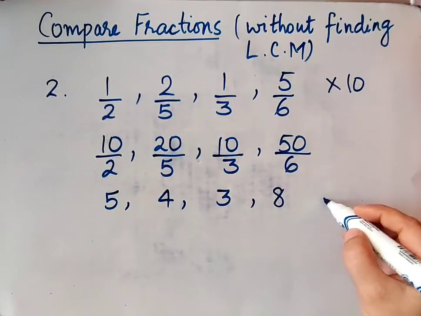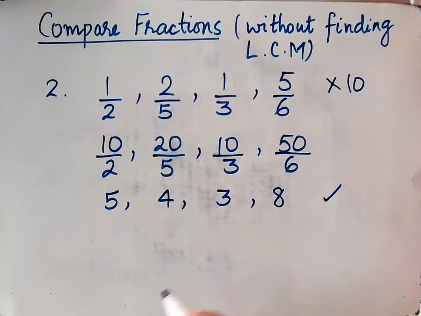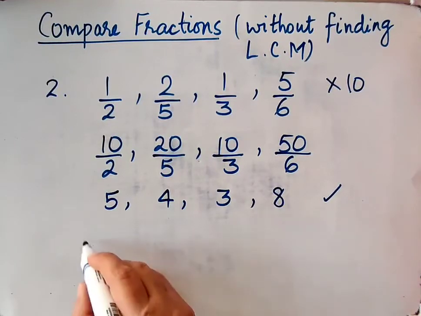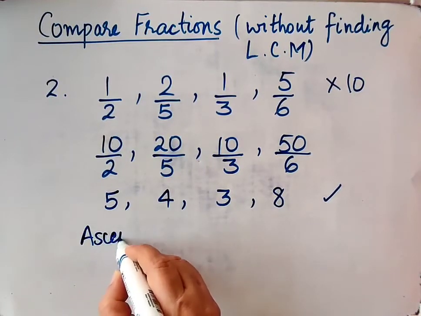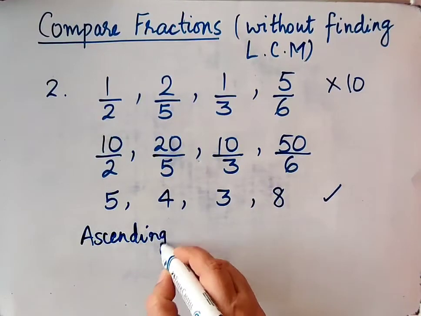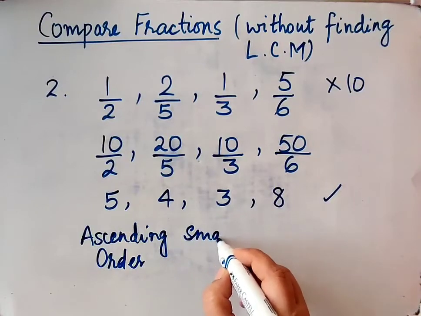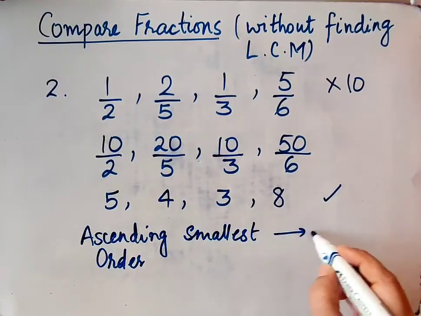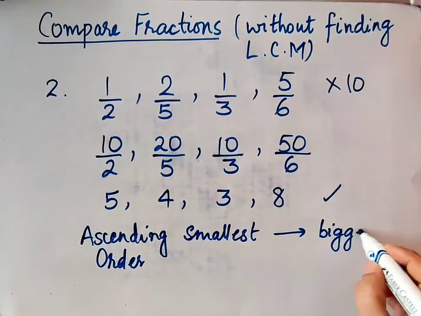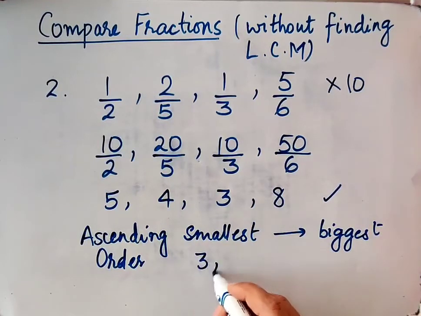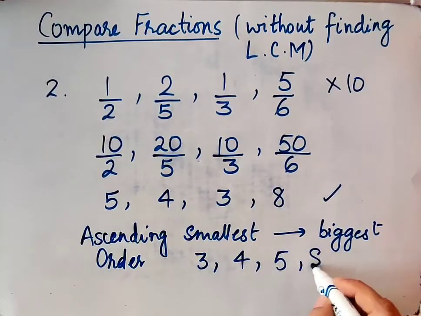Now, you can easily compare these numbers. So, which one is bigger? If I am going to write it in ascending order, ascending order means smallest to biggest. So I can arrange these numbers as 3, 4, 5 and 8.